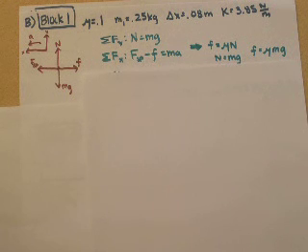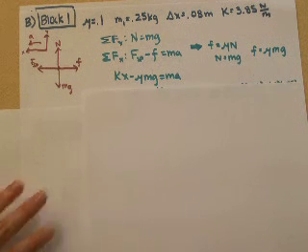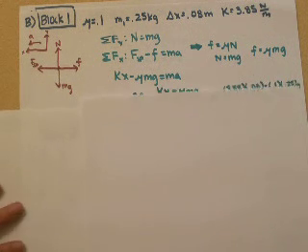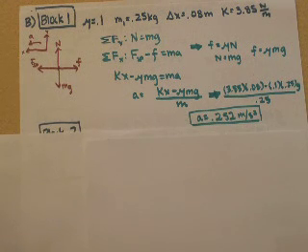Forces in the x: the force of the spring minus friction equals ma. Since it's moving, friction equals mu times the normal force, and from the forces in the y, the normal force equals mg. So we can replace friction with mu mg. So kx minus mu mg equals ma. Solve for a, plugged in my numbers, and I got 0.252 meters per second squared.